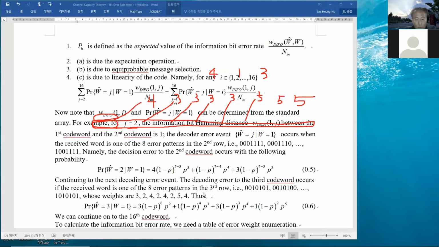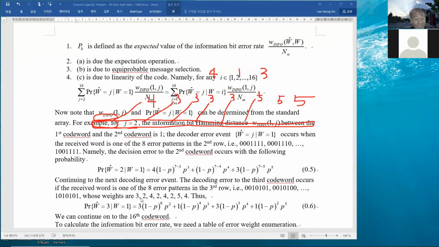And so we need to take a look at the 8 words in the third row, and basically the weight counting, as you have done right here, is 3 2 4 2 4 2 5 4.